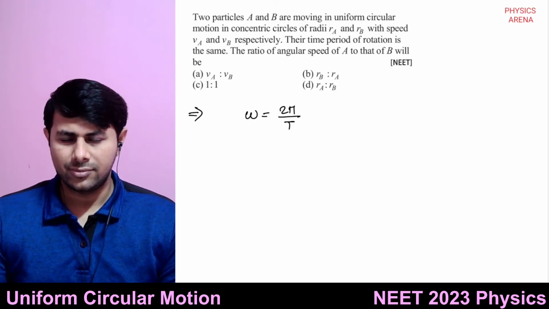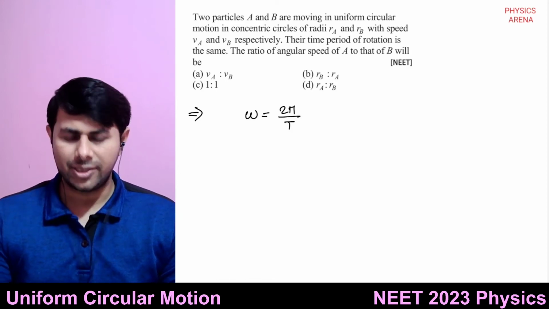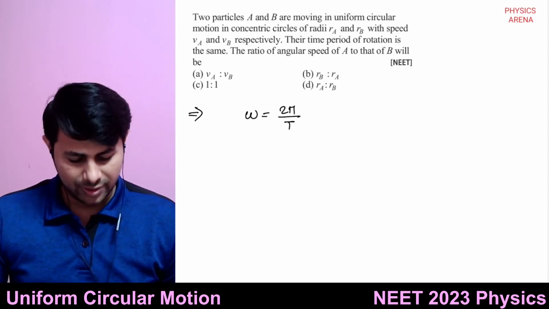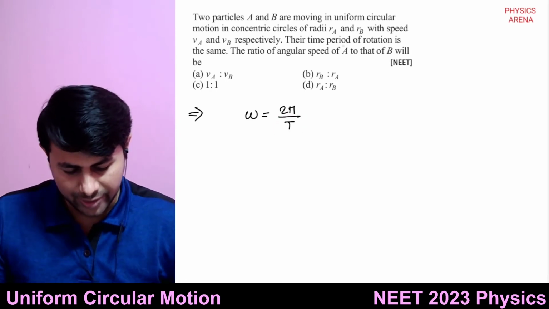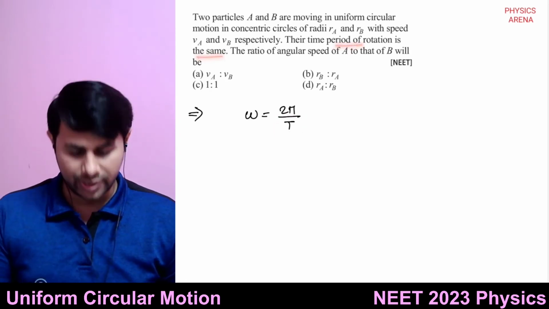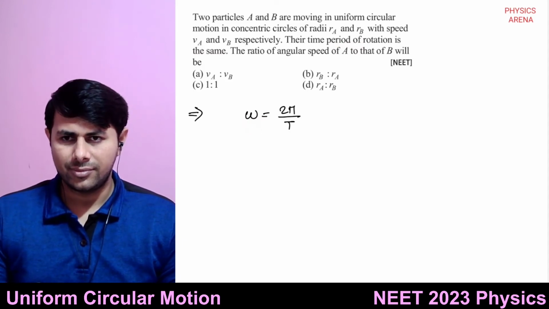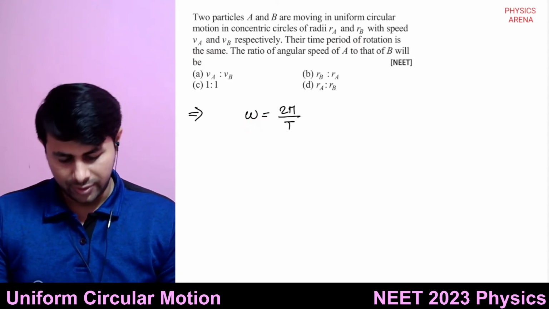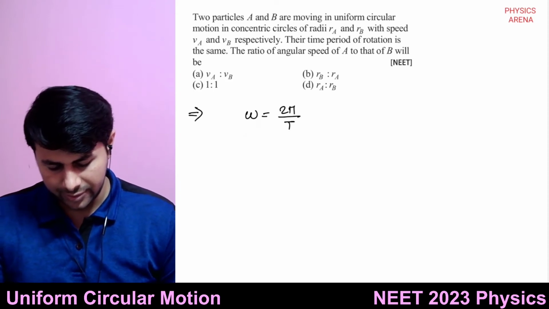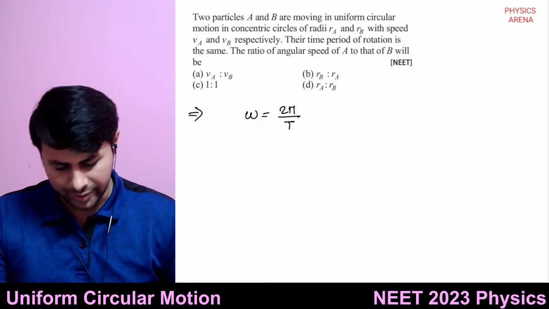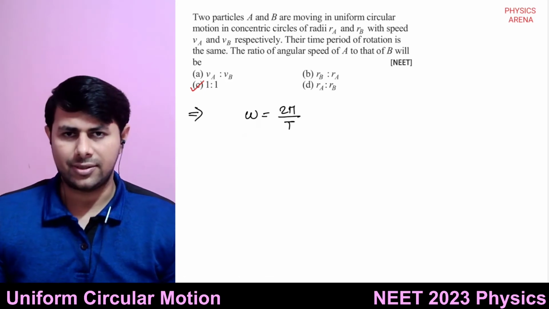It's inversely proportional, but still there is no other variable. So if the time period of revolution is same, omega will be same. So what is the ratio? 1:1 is the answer.